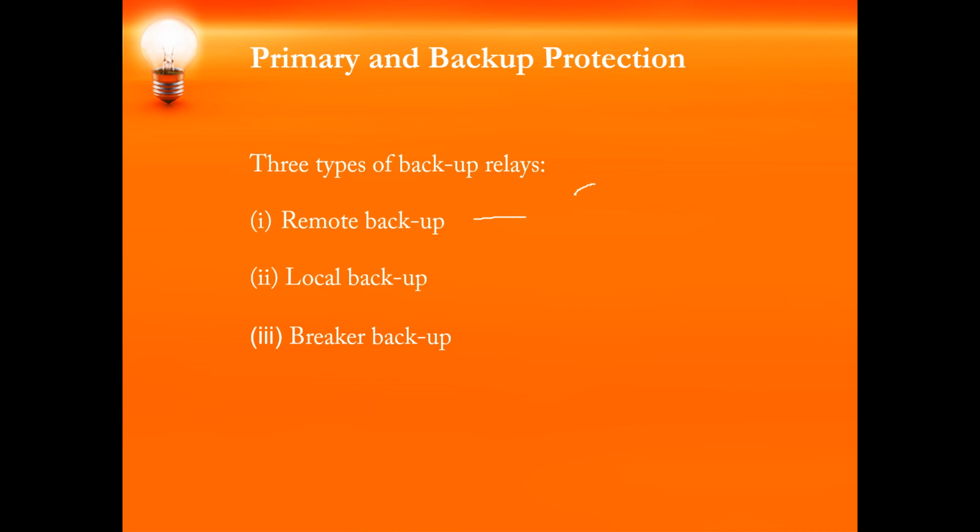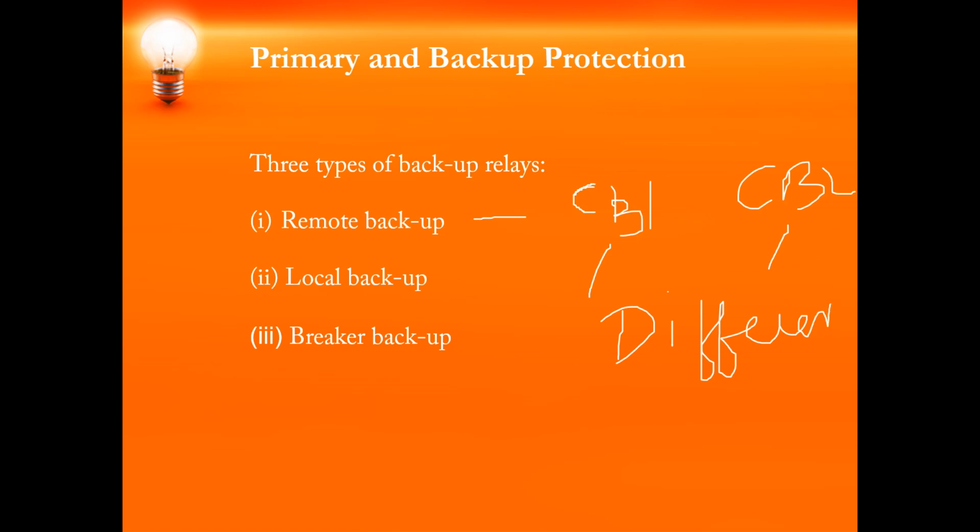Say, I'll write that protection system as circuit breaker 1 and circuit breaker 2. There are two protection systems located in different places, different locations. Circuit breaker 1 and circuit breaker 2 are placed at different locations, designed to protect the same power system.